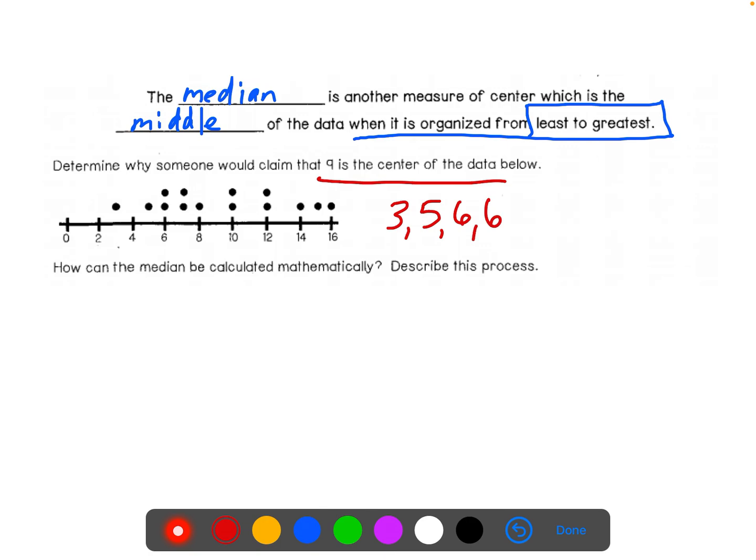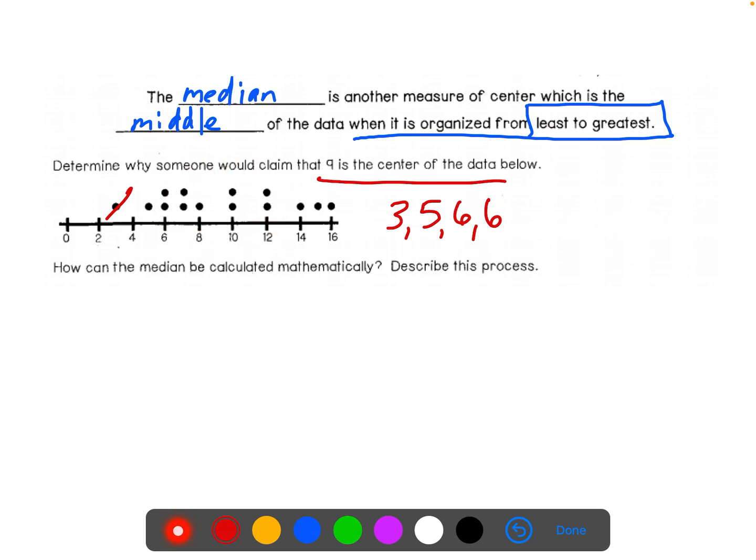Okay, I need to find the middle data point in all of this. And to do that, I'm going to work from the outsides to the inside, to the middle. So I'm going to get rid of my lowest number. Remember, this works well with outliers. So a number like 3 would be an outlier because it's far away from the center of the data here.